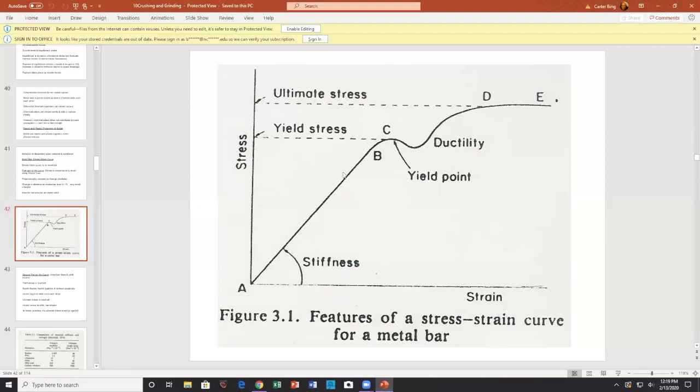And then between this regime and this regime, you have a regime where there's a yield point, where the matrix of atoms may move over each other, or they may become plastic, or there's ductility to it. Now, again, I said the area under the curve is energy. So let's go ahead and strain something. We go up to this point.